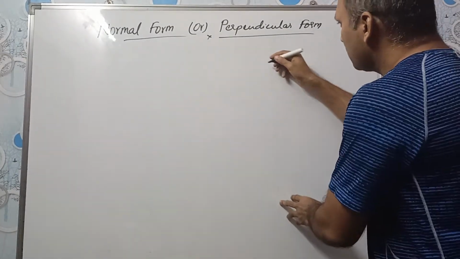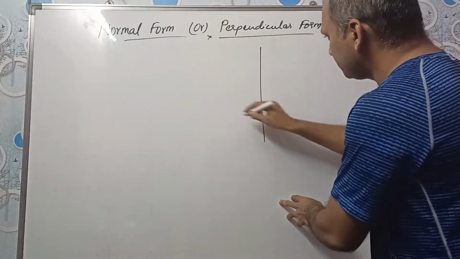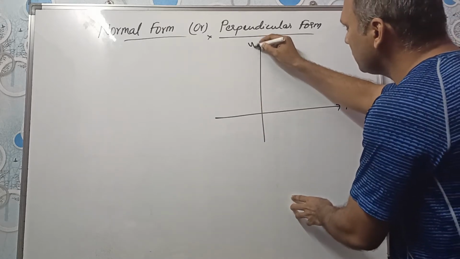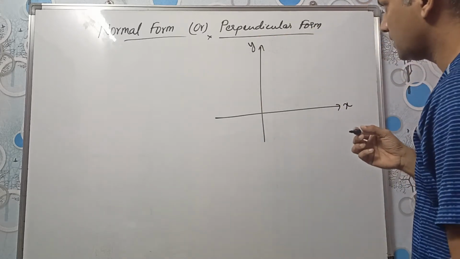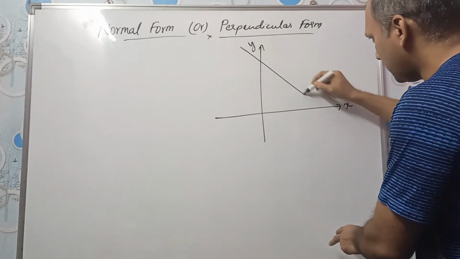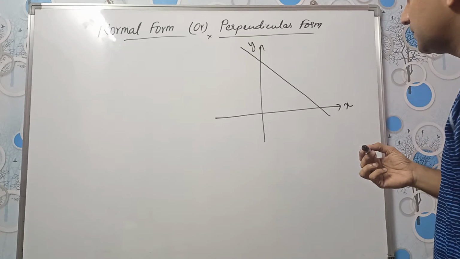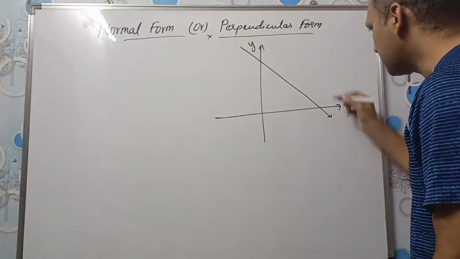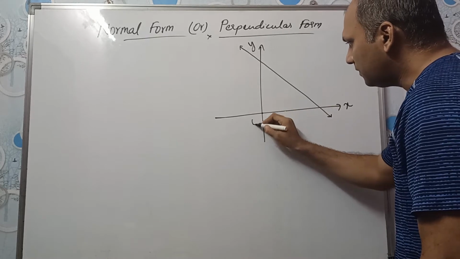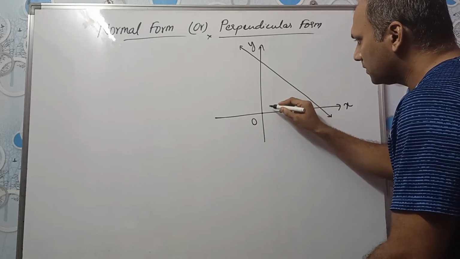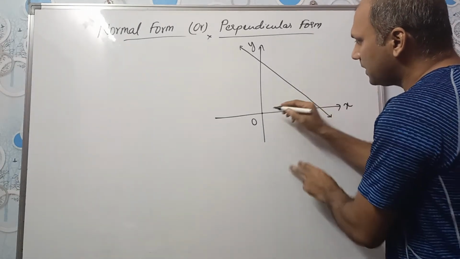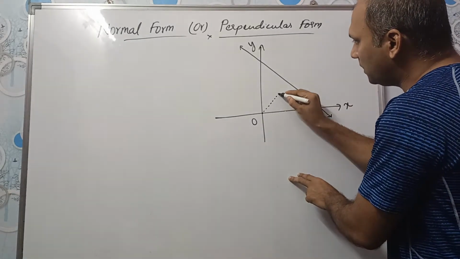Okay, see, this is our x-axis and this is y-axis. Suppose we need to find the equation of this straight line. And if we drop a perpendicular from origin on this straight line, it will look like this, right?